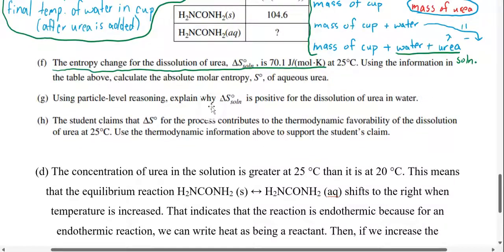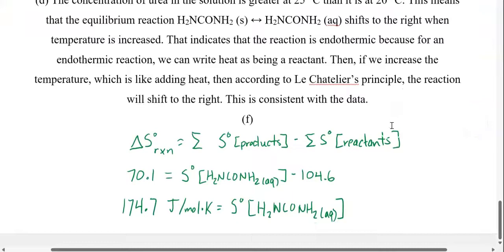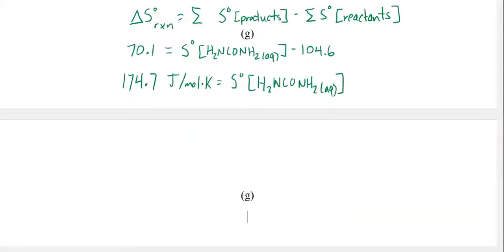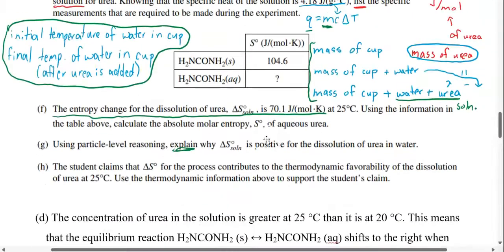Okay, G, using particle level reasoning, explain why delta S of the solution is positive. Okay, well, anytime the change in entropy is positive, sorry about that, if the delta S is positive, the change in entropy is positive. That means the entropy is increasing.